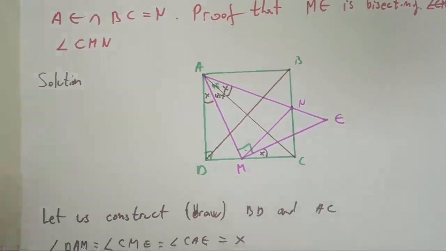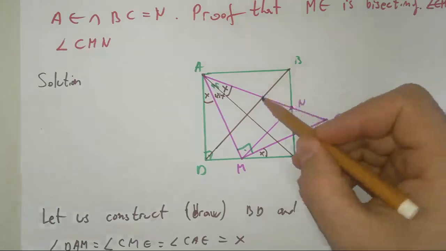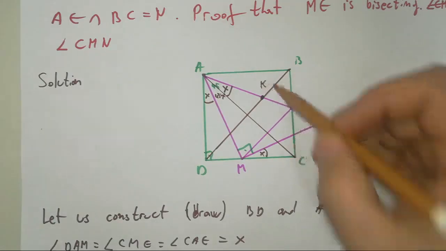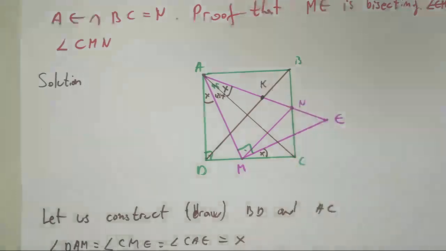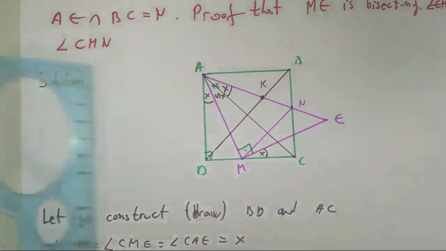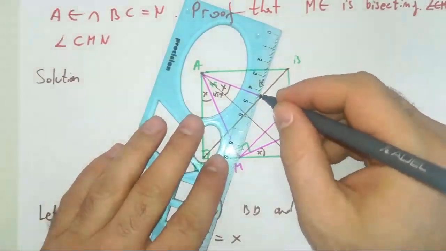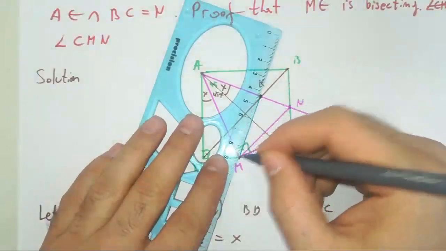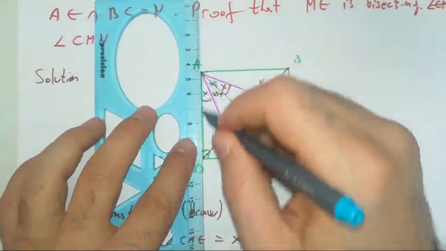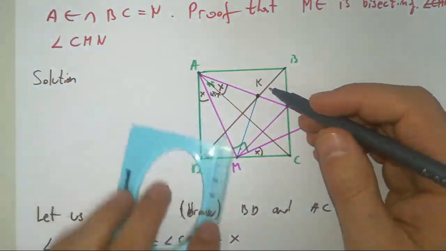All right, now what do we see? First, let us denote this point here with K. And let us connect the points A, D, M, K. What do we see here? I'll try to make it blue.